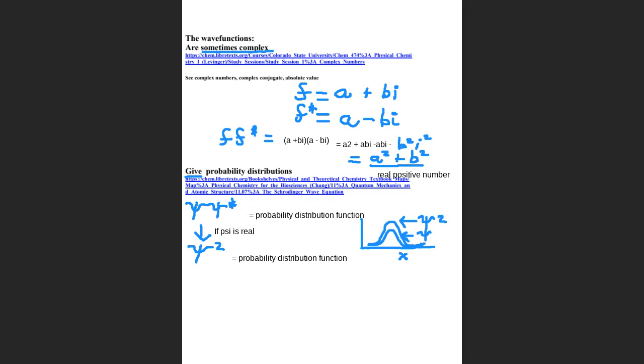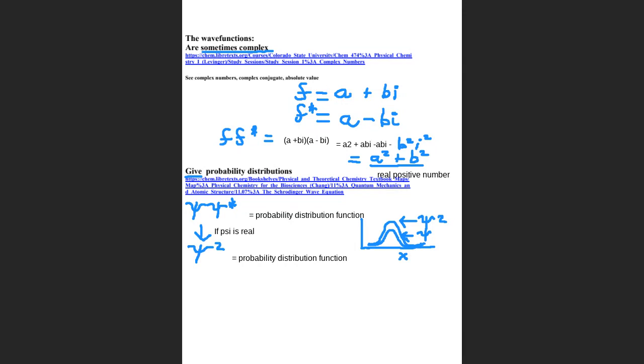Okay, you had probability distribution functions last semester. And this works pretty much the same way, where there's a peak or the function is large.